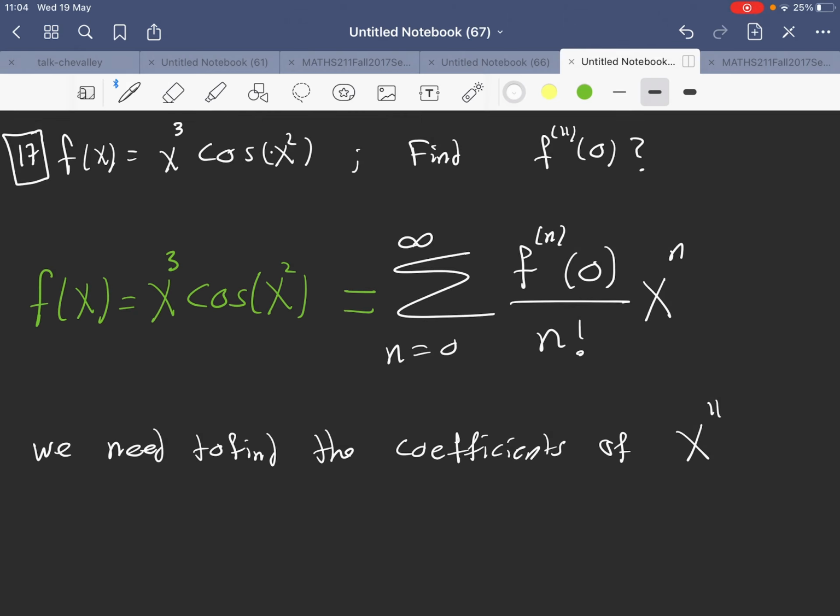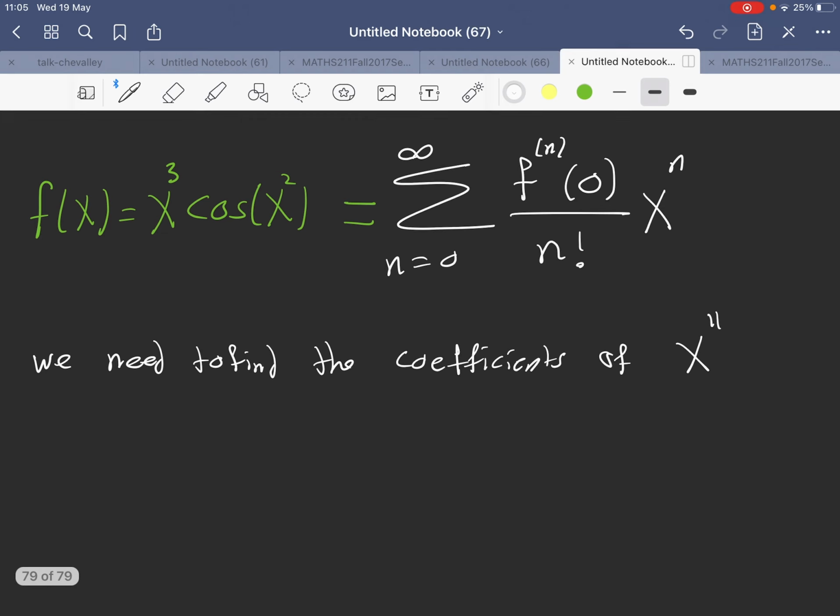So we have to go back to the left hand side and try to find what will be the coefficient of x^11. Now, the left hand side is easy. It's x cubed, summation from n equals 0 to infinity. It's alternating.